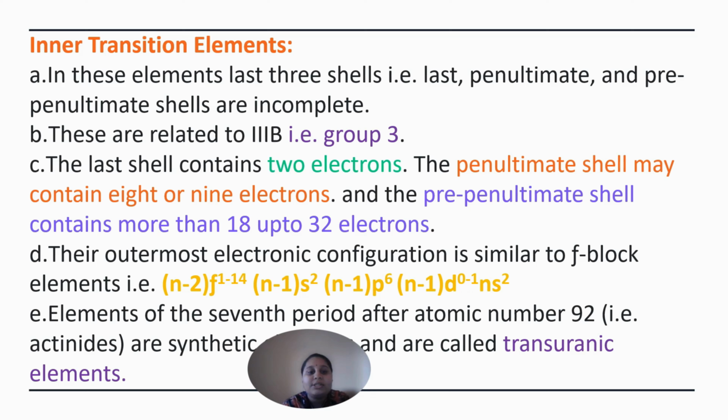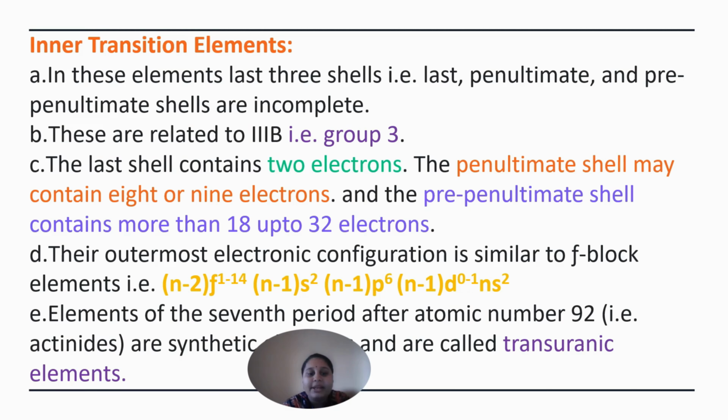The outermost electronic configuration is similar to that of F block elements, that is (n-2)f1 to 14, (n-1)s2, (n-1)p6, (n-1)d0 to 1 and ns2.